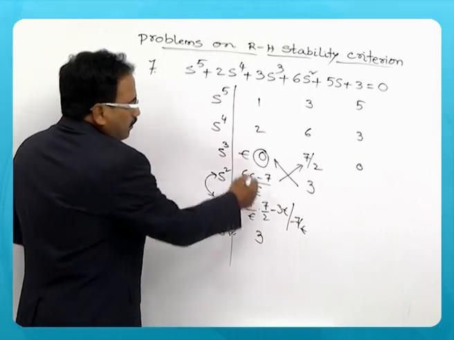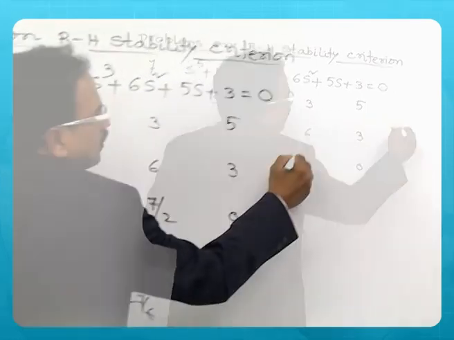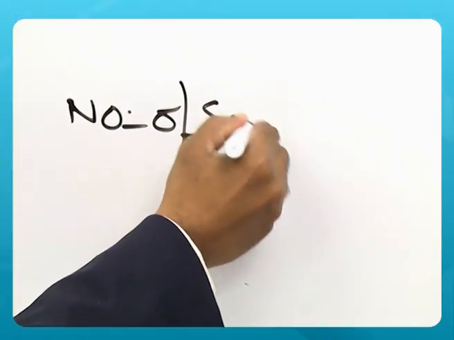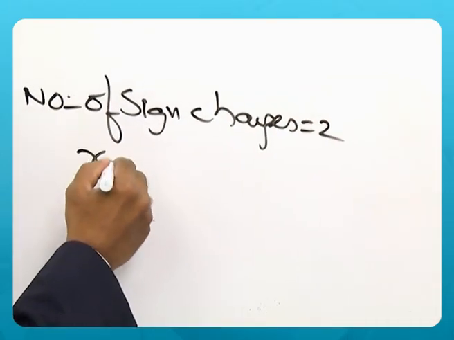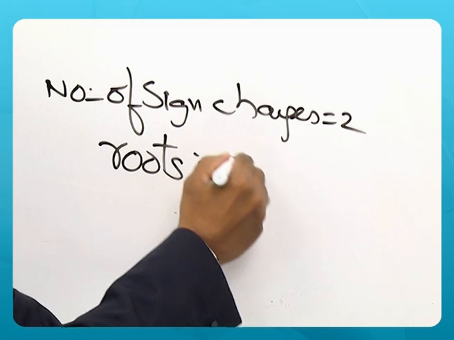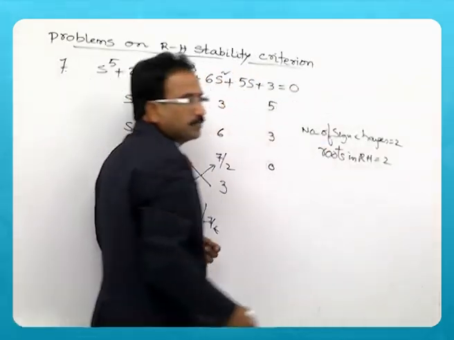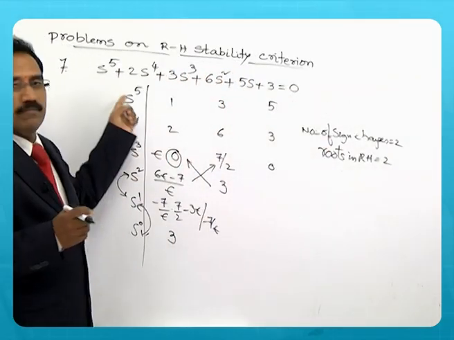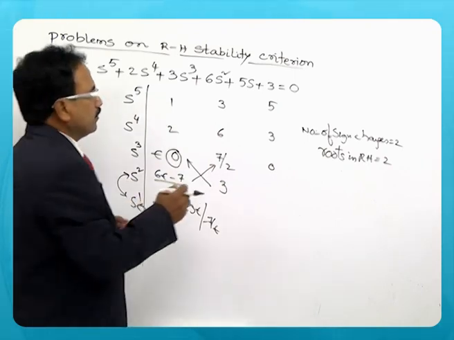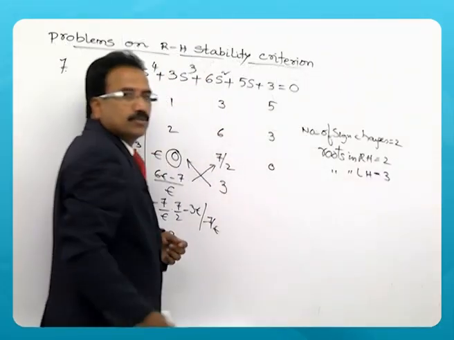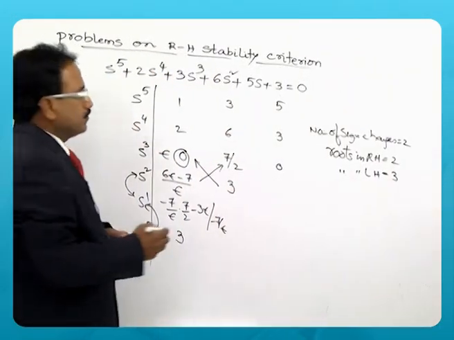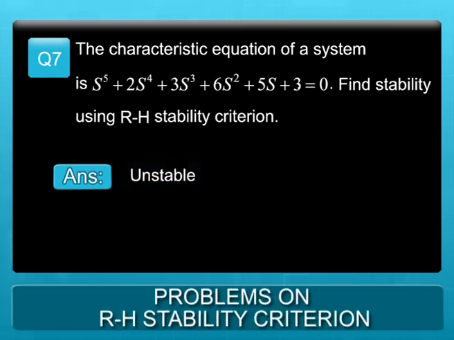So the number of sign changes is 2, which indicates roots in the right half are 2. So out of 5 there are 2 roots in the right half and the remaining 3 roots are in the left half. So the system is unstable. That is the conclusion.